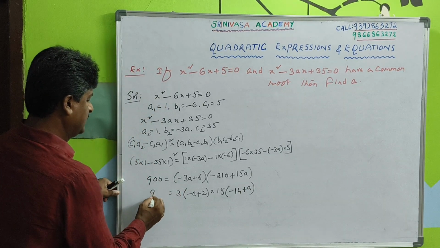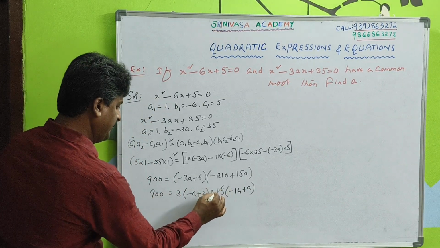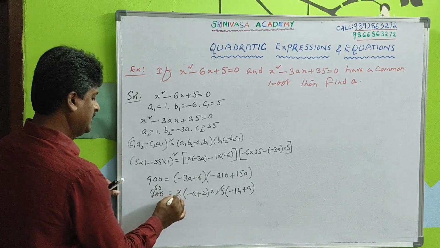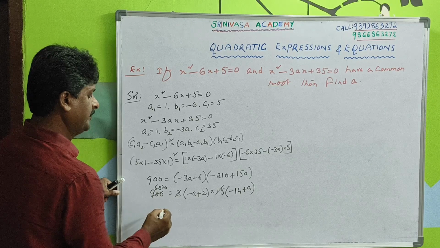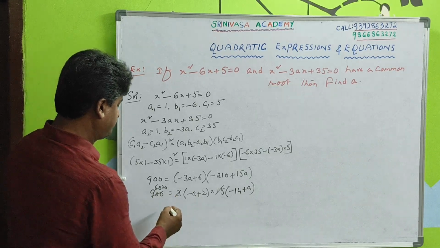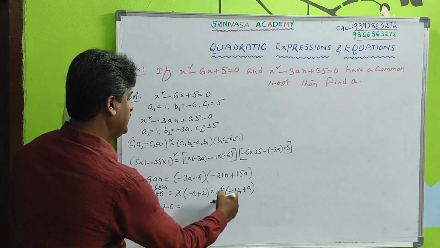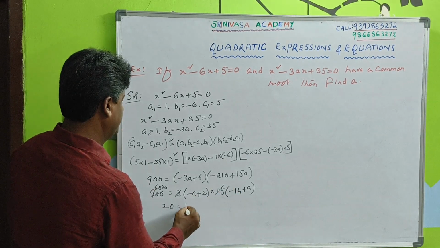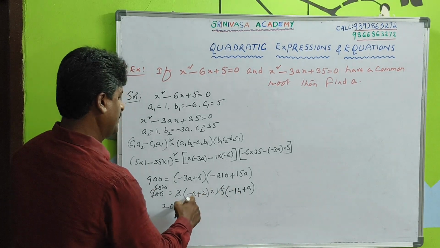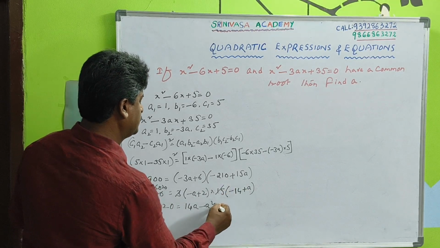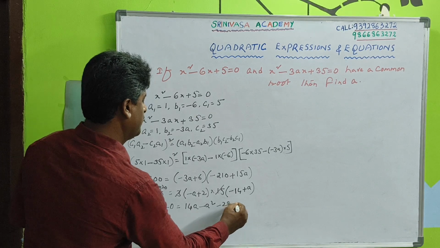See, left hand side 900, 15 60s, 3 20s. So this is 20 is equals to minus a into 14, minus 14a minus a square minus 28 plus 2a.